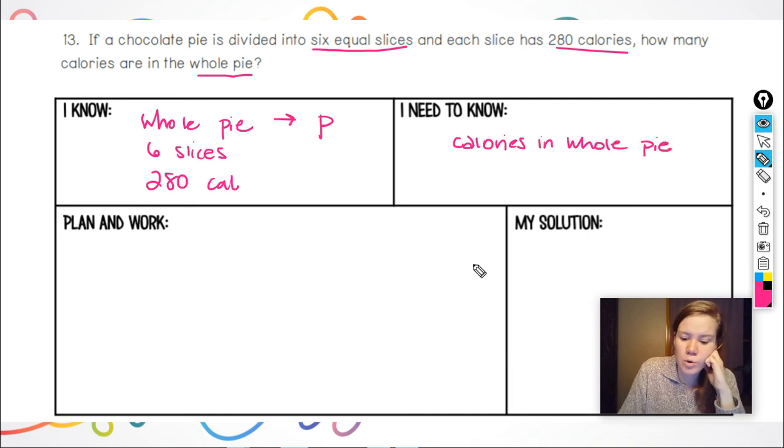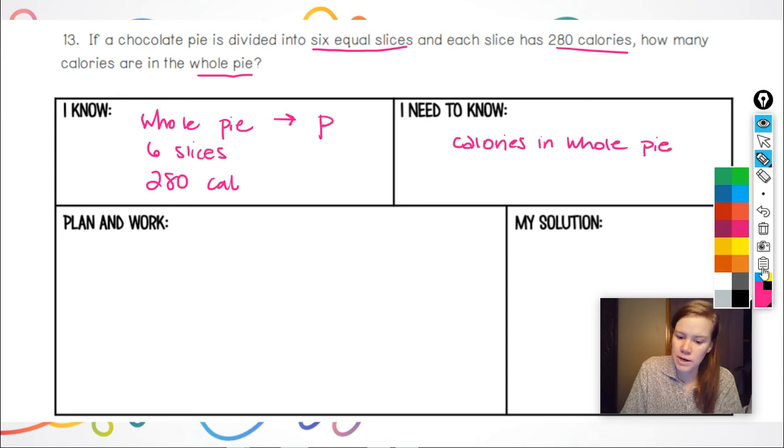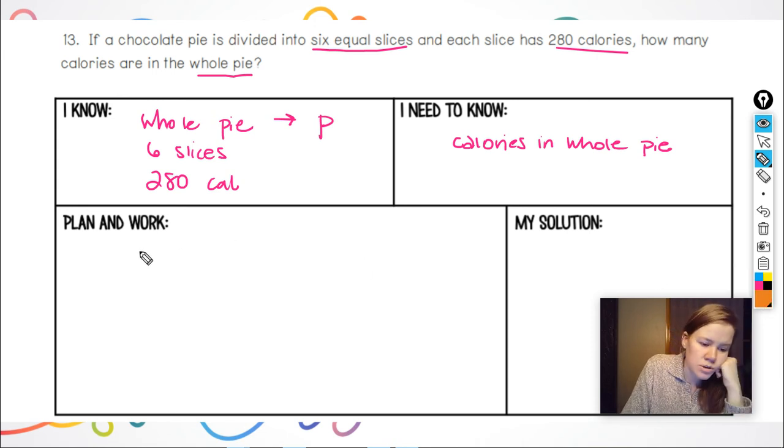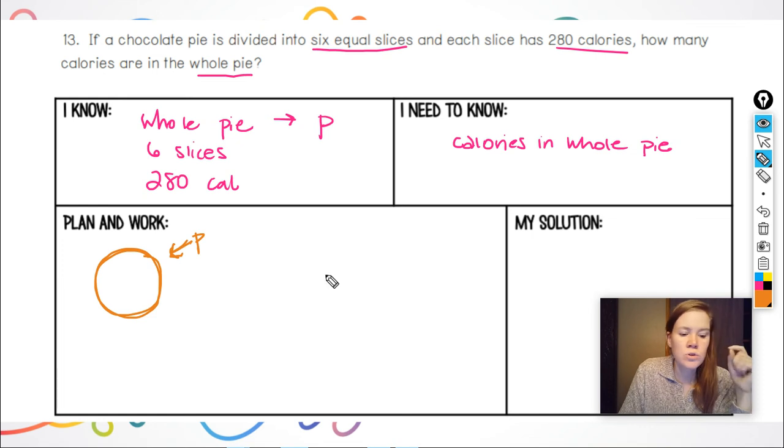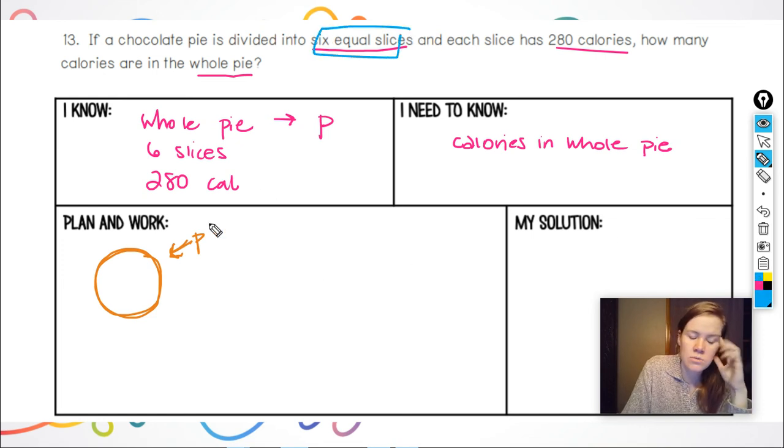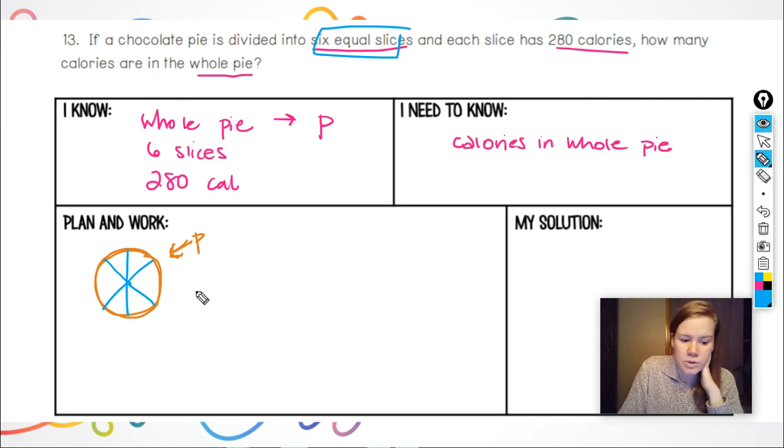So here's my plan and my work. You have this pie that you're starting out with. So here's my pie. Ooh, maybe it's pumpkin pie. Okay, so there's the pie. That's P. The whole pie is P. And we're told that that's divided into 6 equal slices, right? So do your best drawing this into 6 equal slices. But there's my 6 equal slices. Okay, so 6 slices.